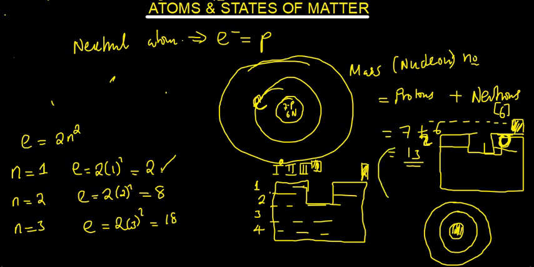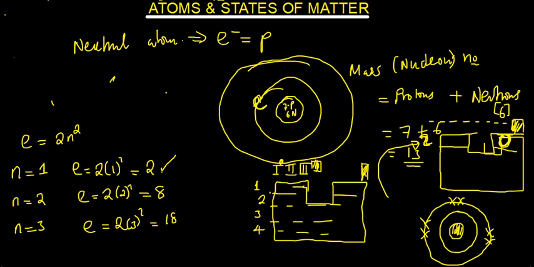It is in period 2, so 2 shells. Because oxygen is in group 6, it's going to have 6 electrons in the outermost shell. So we count 1, 2, 3, 4, 5, 6: 6 electrons in the outermost shell.